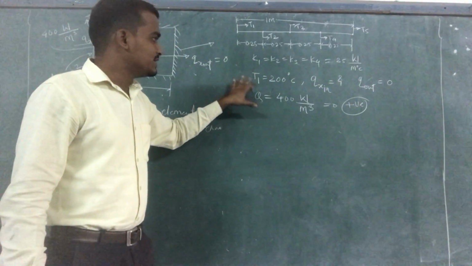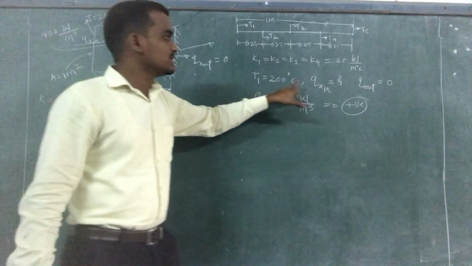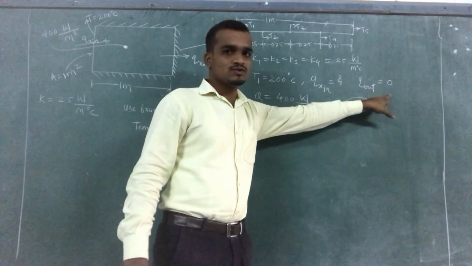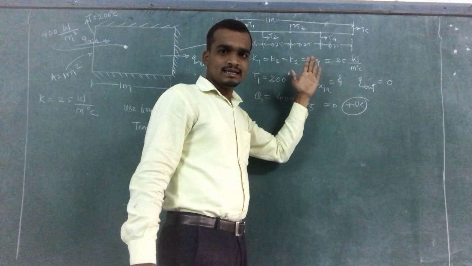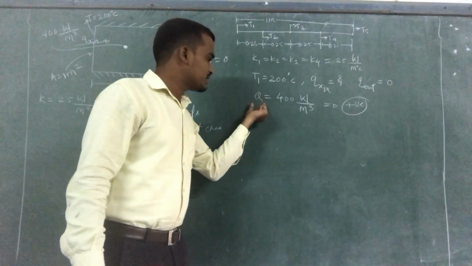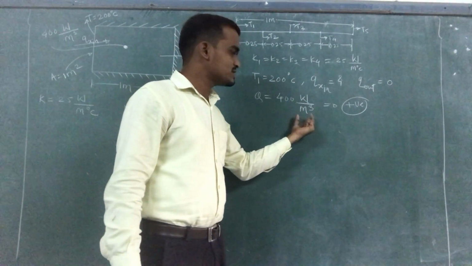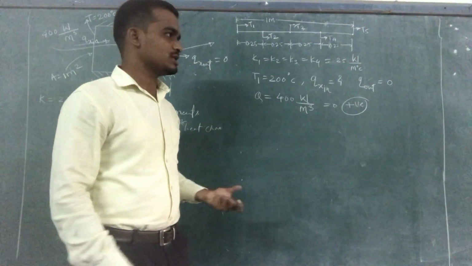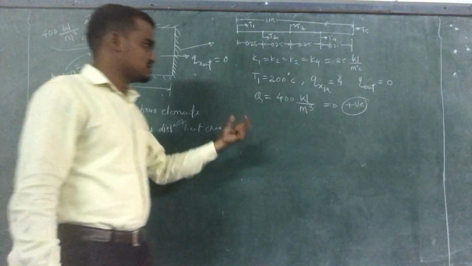Then T1 is known, 200 degrees Celsius. Qx in we need to find out because of this T1, and Qx out is equal to 0 because the right hand side is insulated. Then heat generation rate Q is equal to 400 watt per meter cube. So we need to find out the load vector due to heat generation rate. We will find this also.